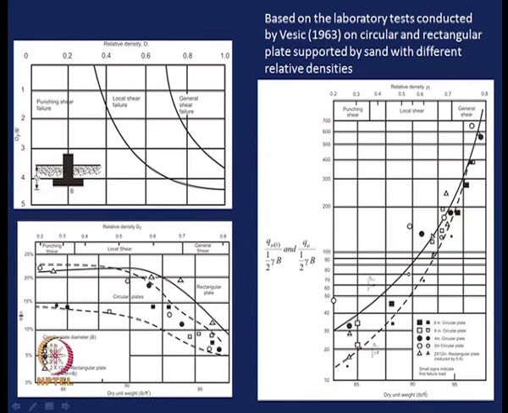Whereas in the case of local shear and punching shear failure, the settlement is 15 to 25% of the width of the foundation. So we can conclude that in local shear or punching shear, more settlement occurs to reach the failure point, whereas in general shear failure, less settlement occurs.